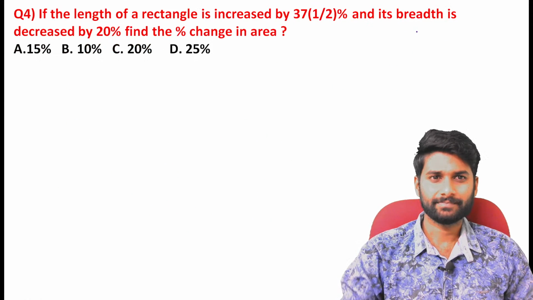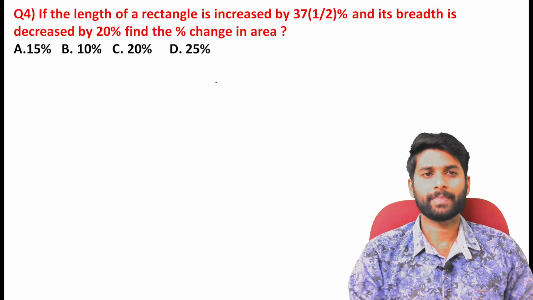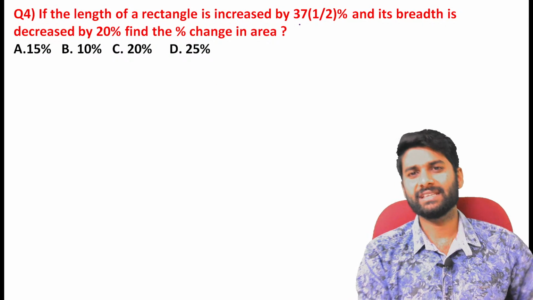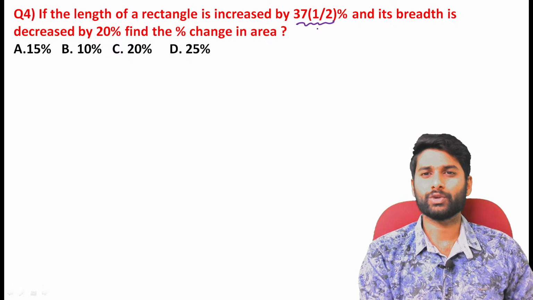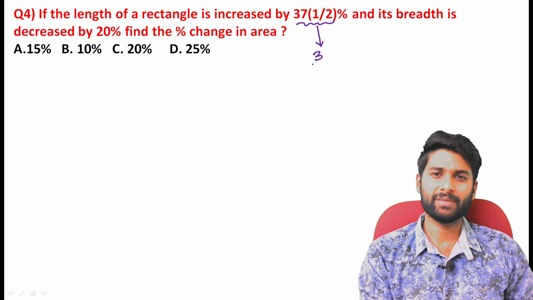Go through the next one. So next question, see. The length of the rectangle is increased by 37 1 by 2 percentage. First of all, 37 1 by 2 percentage, the value becomes 3 by 8.